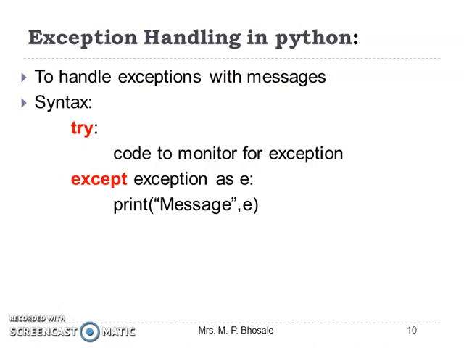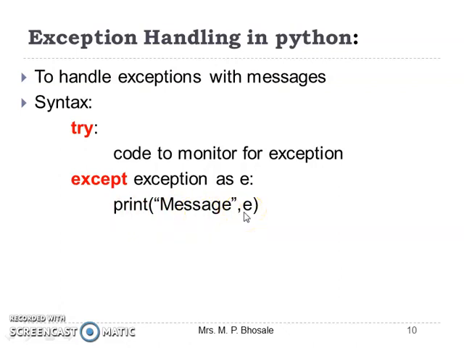As always, the try block will contain the code which you have to monitor for exceptions, and except will contain the name of the exception, and you have to store that in any object, like the name of an object, and then at the time of printing the message you will print the message and then the object name.